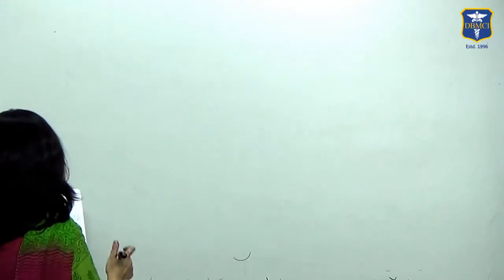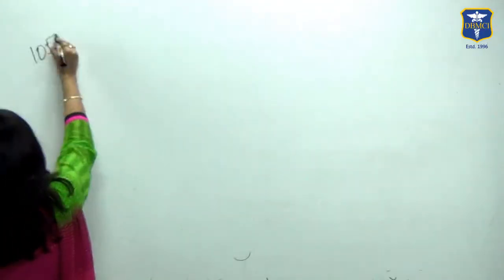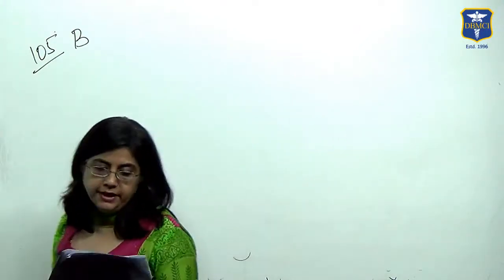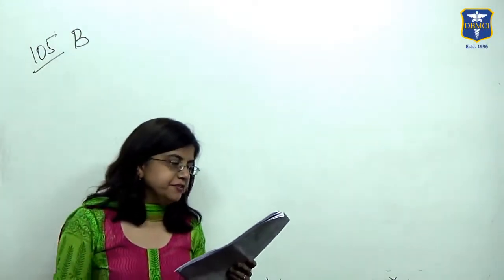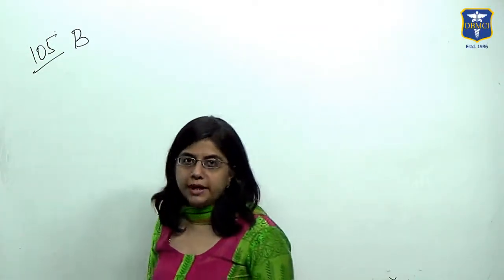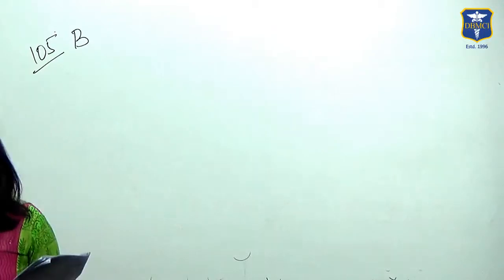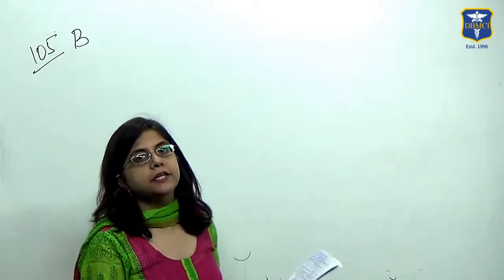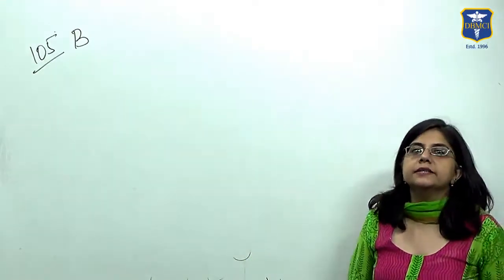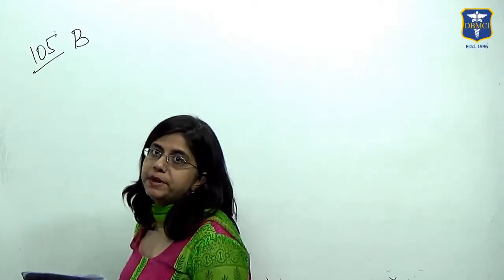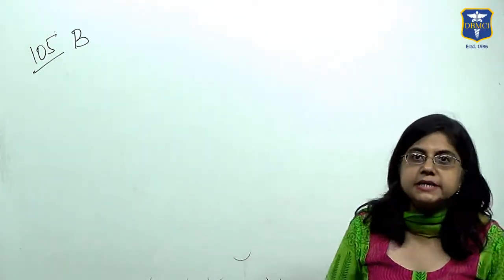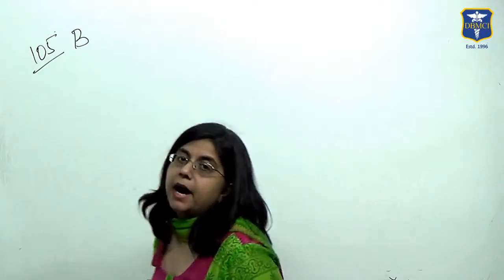105, the answer is B. The clergyman's knee is due to inflammation of the infrapatellar bursa. This is a subcutaneous bursa. Apart from this, we have a condition called prepatellar bursitis, that is inflammation of the prepatellar bursa, which is called housemaid's knee or miner's knee.